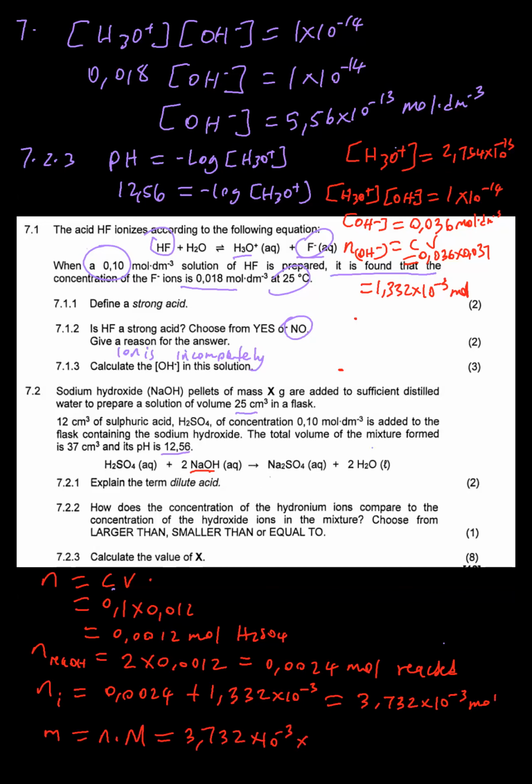Molar mass of sodium hydroxide, is it 44 or 40? 23 plus 16 plus 1 is 40. The answer is 0.15 grams.